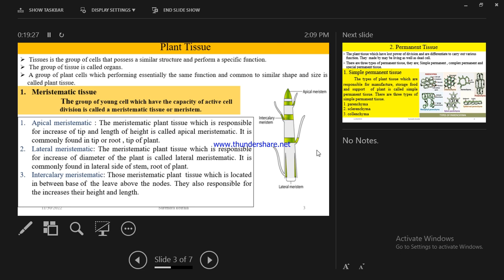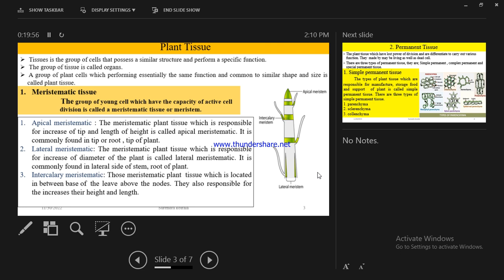That means they help to enhance the diameter of the plant, and they also enhance and accelerate the diameter of the root and the stems. Increasing the thickness of the plant's stem or the root is done by these lateral meristematic tissues.